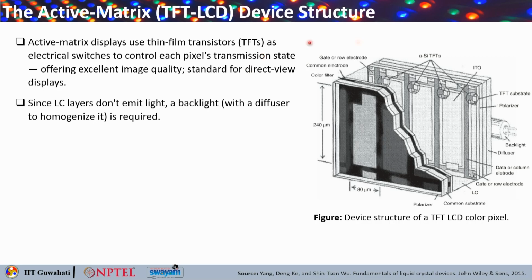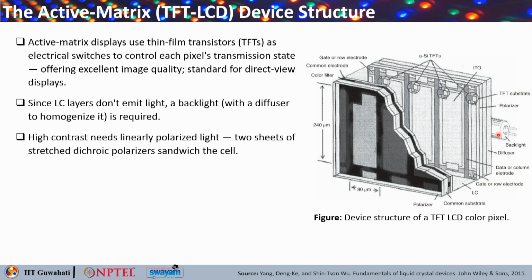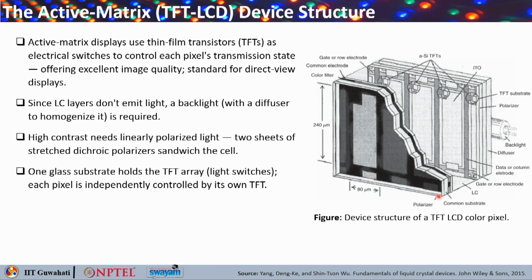So this is how the structure looks: you have the backlight and then a diffuser that homogenizes the incoming light. Now high contrast needs linearly polarized light, so you use 2 sheets of stretched dichroic polarizers that sandwich the cell. You can see one polarizer over here and another polarizer over here, so you are sandwiching the liquid crystal cell between the polarizers.